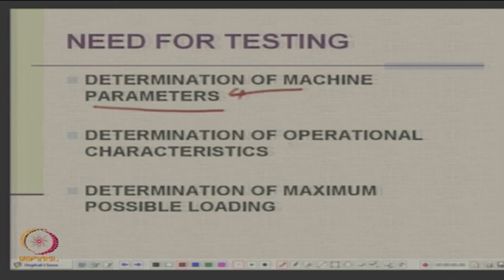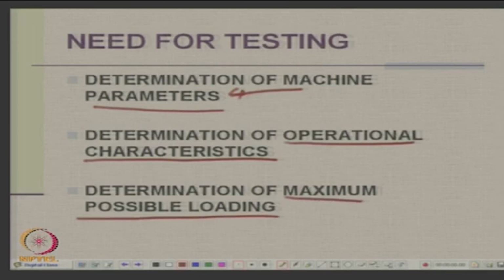Then you should have the characteristics of these motors, you should determine how it will behave, and very critical, how much you can load the motor, what limits in loading a given motor, how far you will be loading.